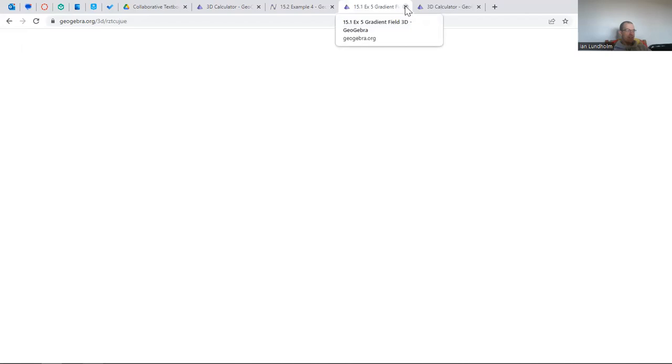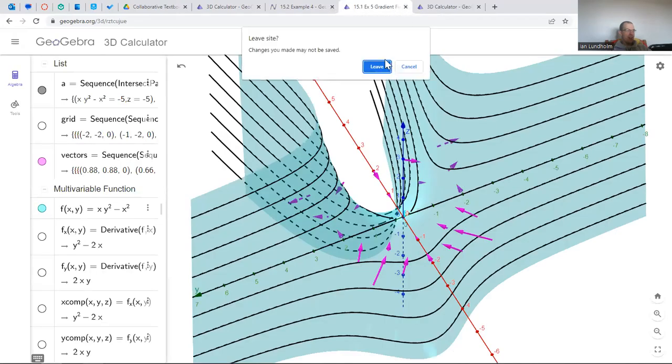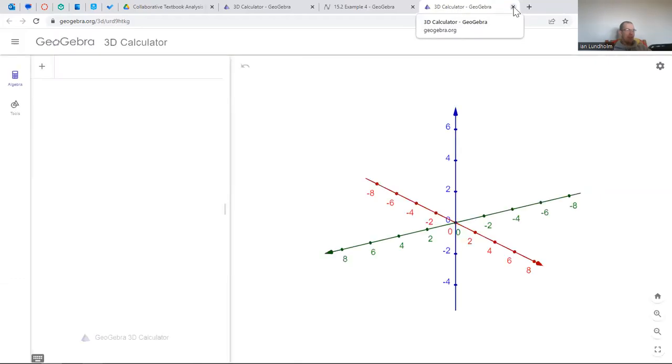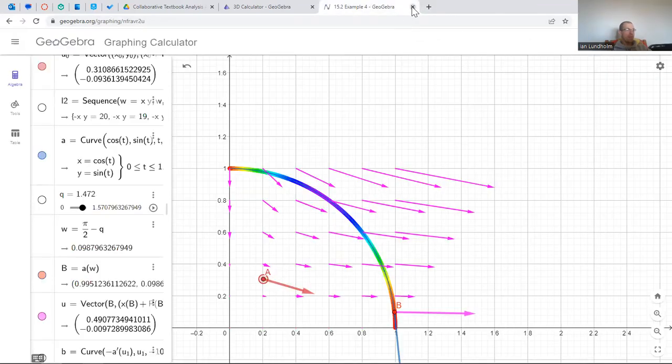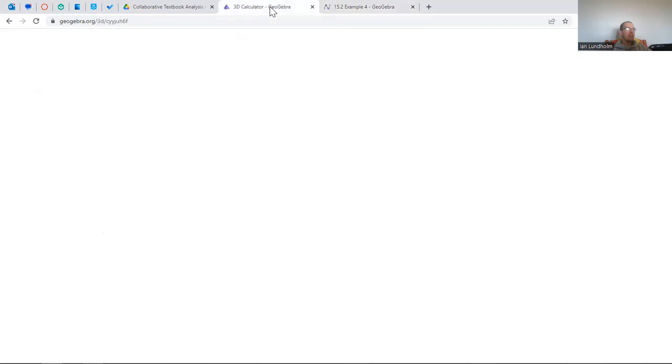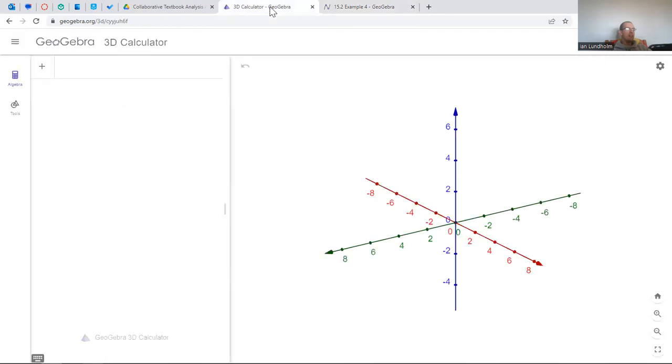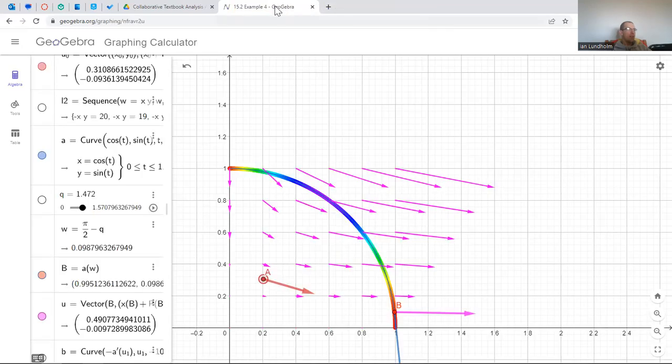Sorry. I tried to leave them up, but okay. That one's working, right? Ooh, this one's later. Come on. All right, so that one's not doing anything.